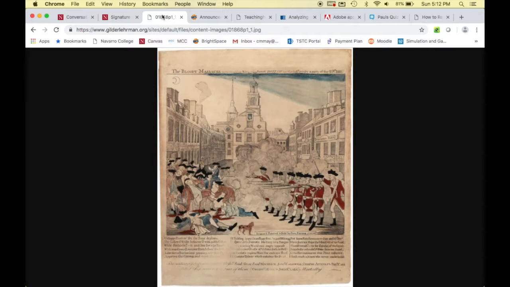There was actually a trial. At least 5 of the soldiers were brought to trial for the actions of the Boston Massacre. And so we have a fairly accurate idea of how these events played out. The first thing is that the so-called massacre happened in the morning, during the daytime.